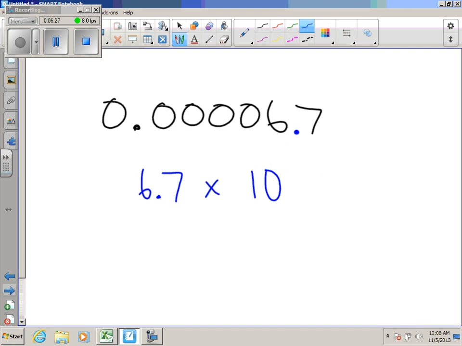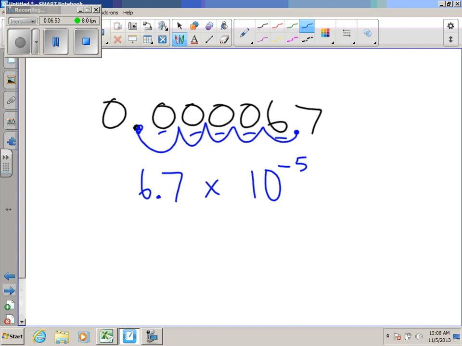So I need to go by a negative power. And how many places? 1, 2, 3, 4, 5 till I get to the decimal. So 10 to the, 5 places.